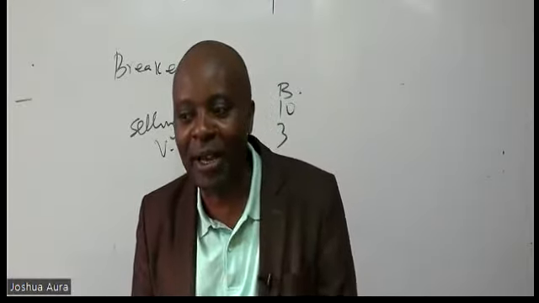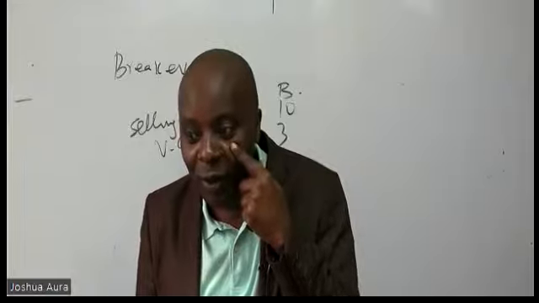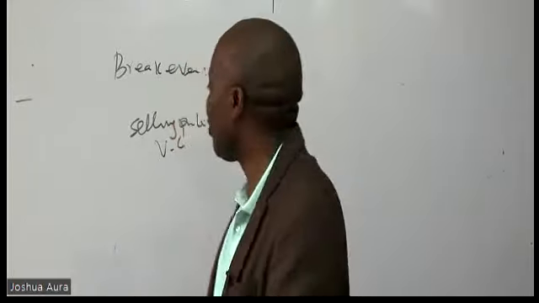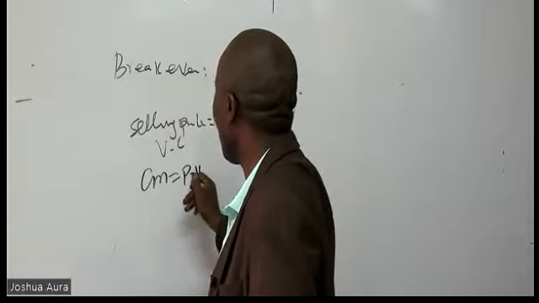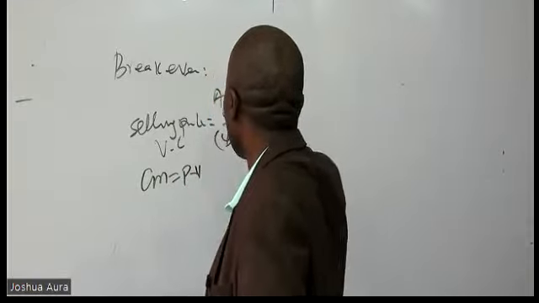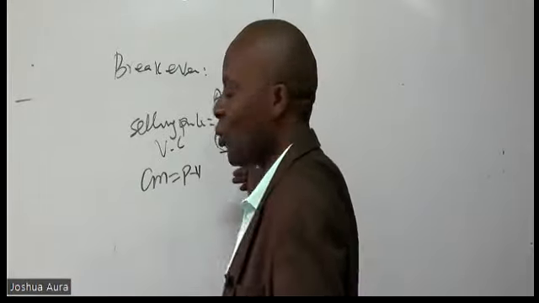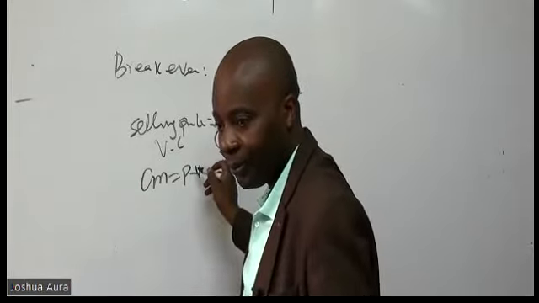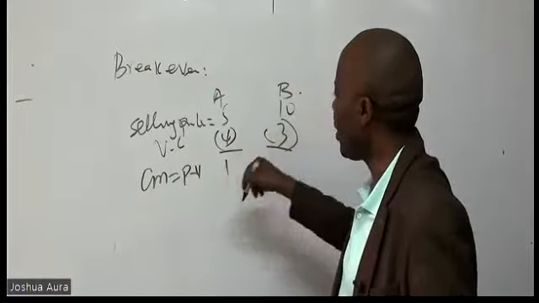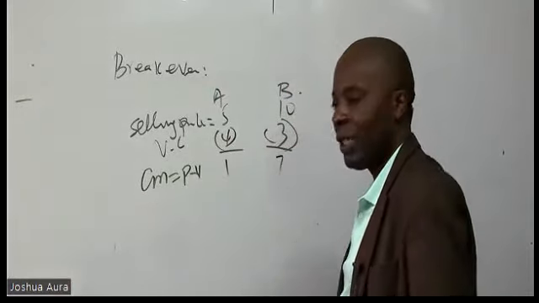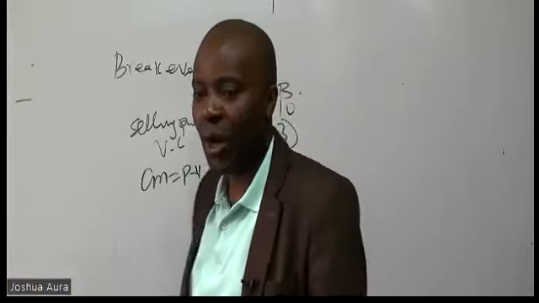Contribution margin, thank you very much, which is price minus variable cost. So 5 minus 4 is 1, and 10 minus 3 gives me 7. So 1 and 7.